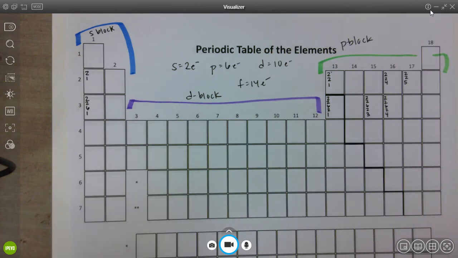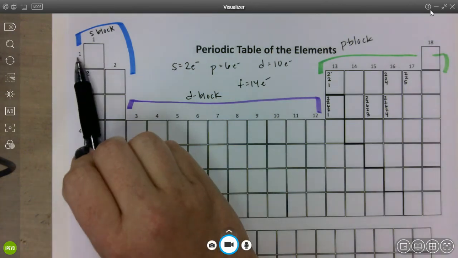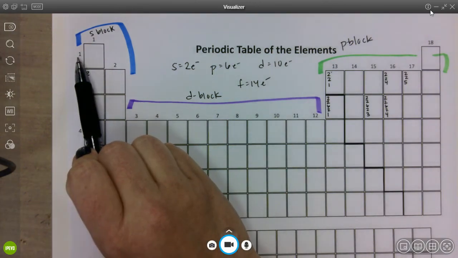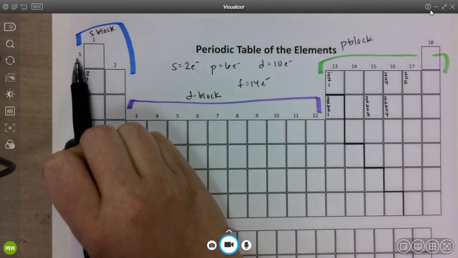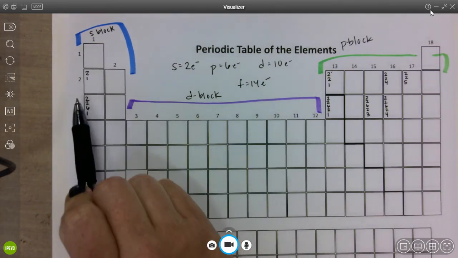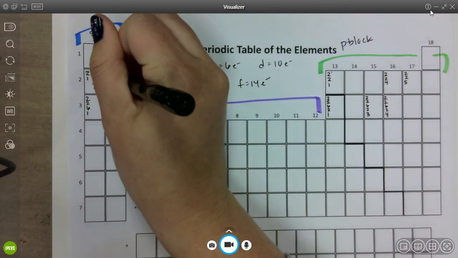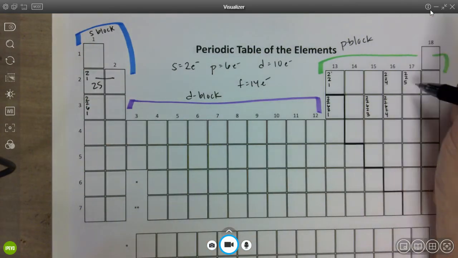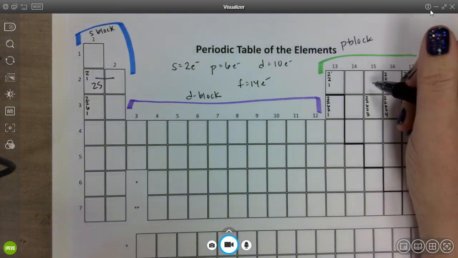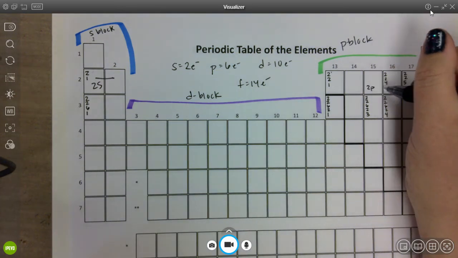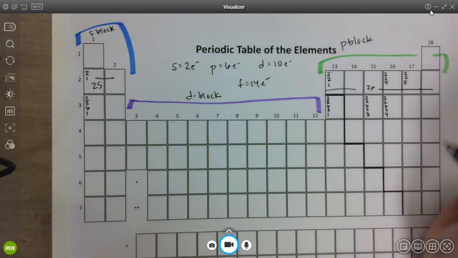And the way that we figure that out is that we take a look at the period number, and that tells us the block. So this is the 1s block. This is the 2s block. This chunk over here on the right-hand side, that is the 2p block all the way over.